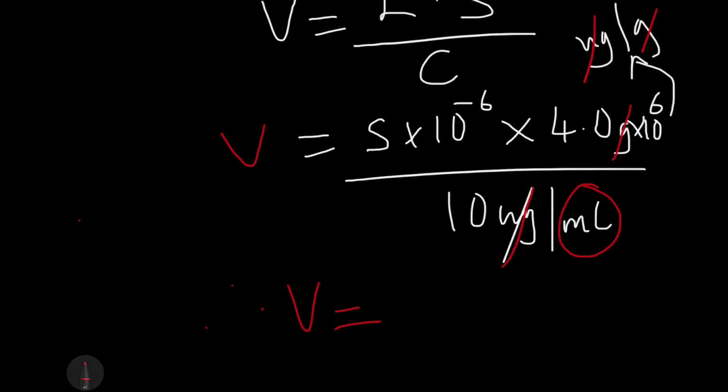If I multiply by 4, again multiplied by 10 to the power 6, then divided by 10, it will give me 2. So our volume is equal to 2 millimeters. So this is our final value. I hope your value and my value are the same.